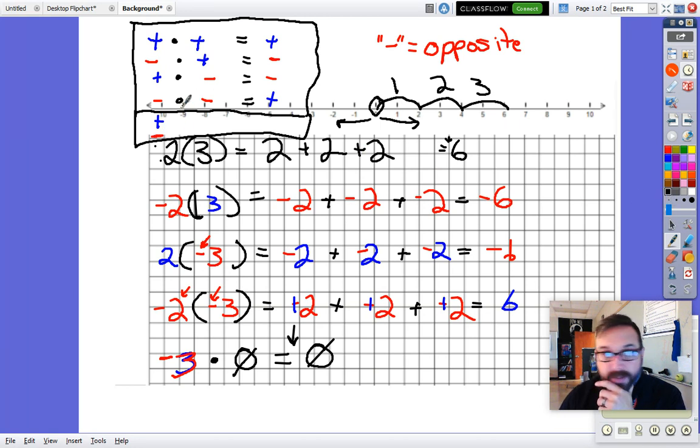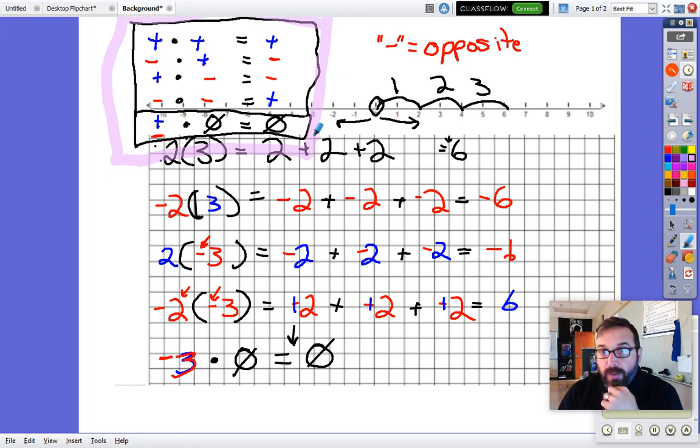Plus sign, minus sign, times a 0 equals a 0. All right, for those of you taking my class, what you need to have on your note sheet is right here. I don't care where on your notes you put this, but this chart is something you're going to refer to, okay, over and over and over again.